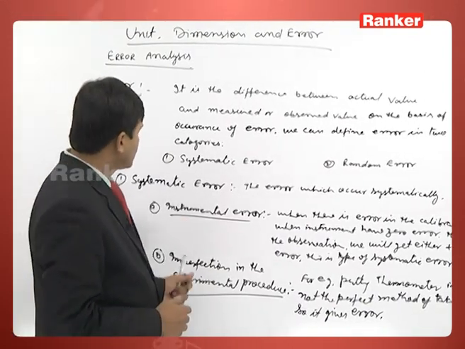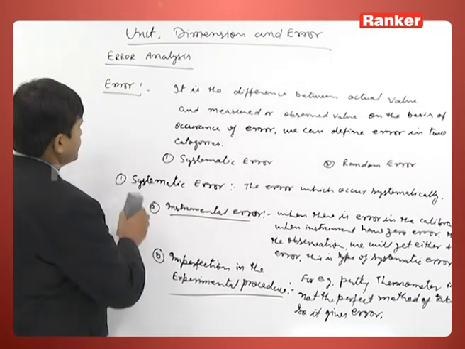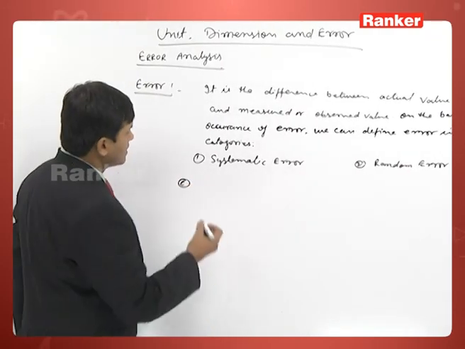Another part of systematic error is the person's error.